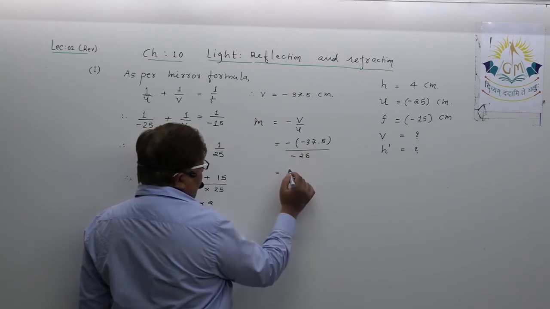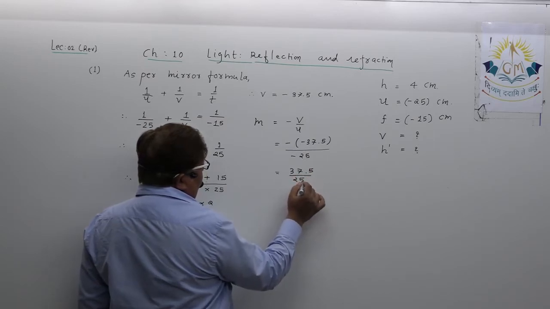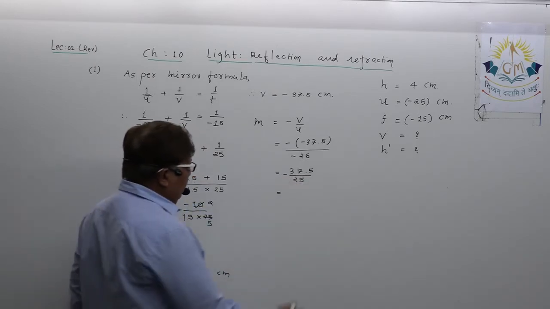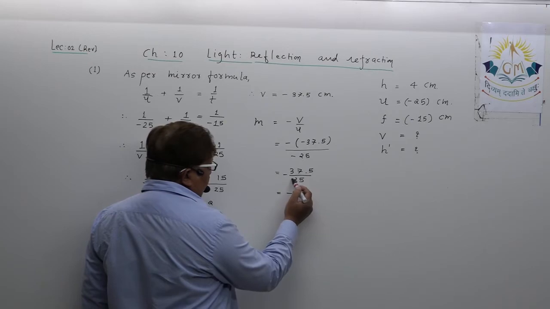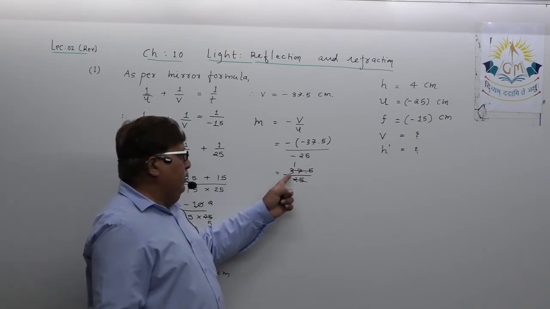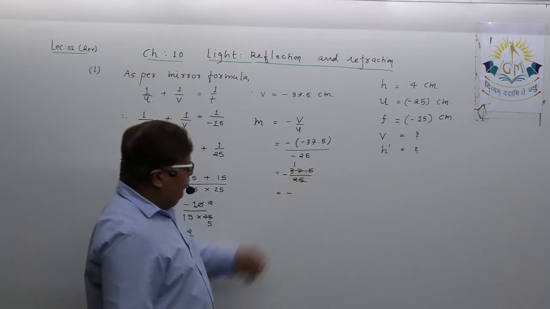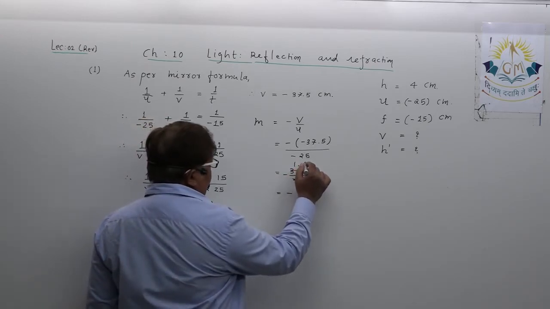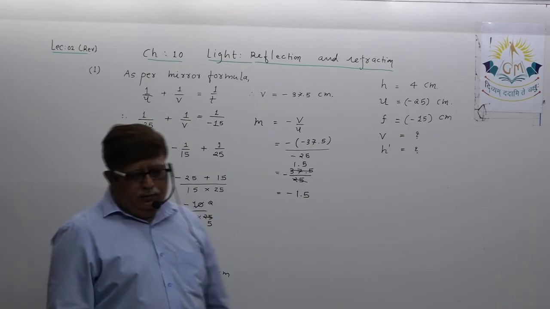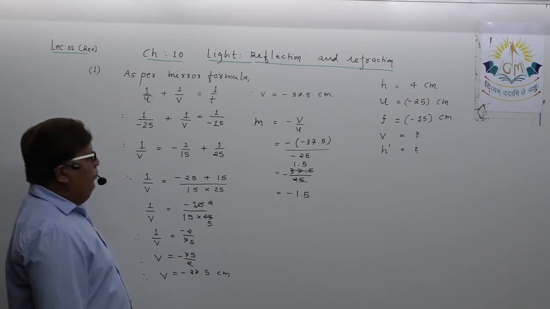Ultimately the whole will be negative: 37.5 upon 25, and you can directly carry out the further cancellation. 25 1s are 25. How much left? 12. So 12.5, 25 5s are 125. So this is 1.5. This is the value of the magnification you got, minus 1.5.